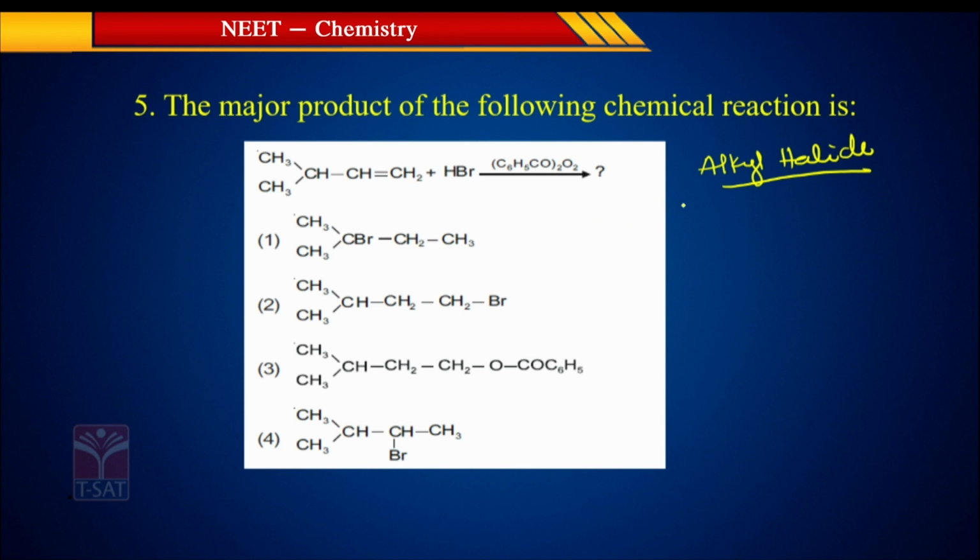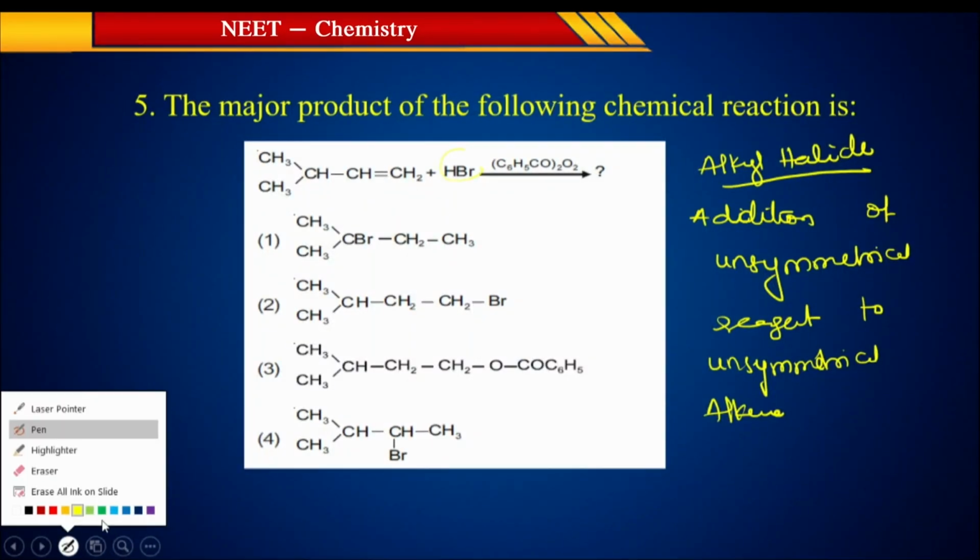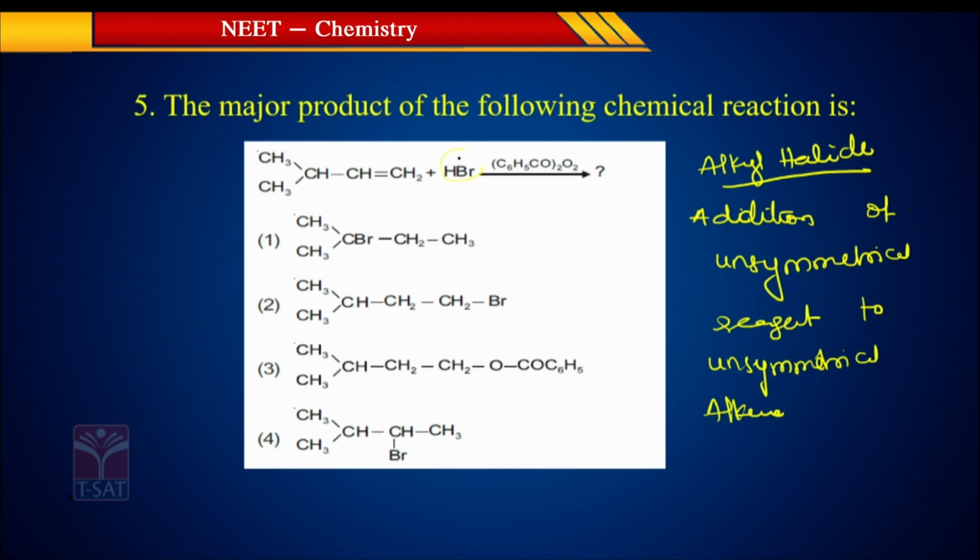This is an addition reaction, addition of unsymmetrical reagent to unsymmetrical alkene. So, this is an unsymmetrical alkene and HBr is an unsymmetrical reagent.